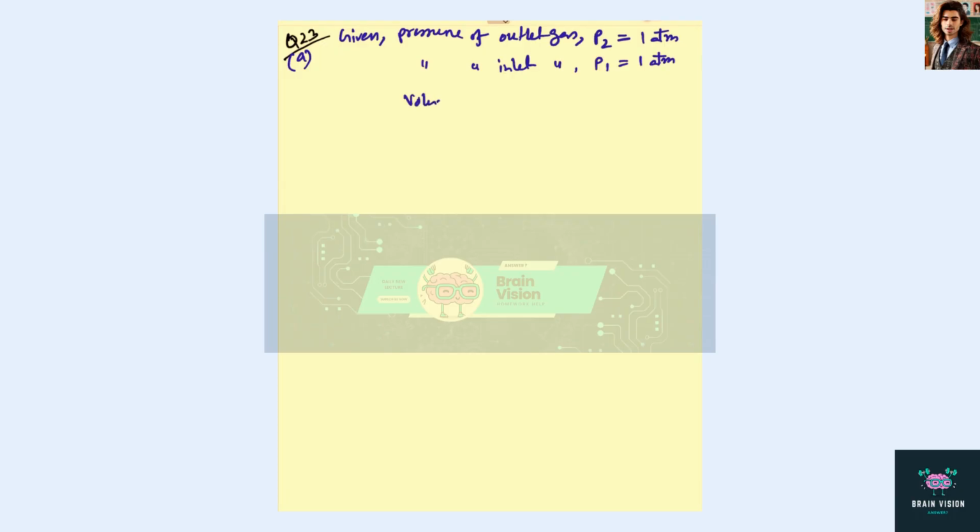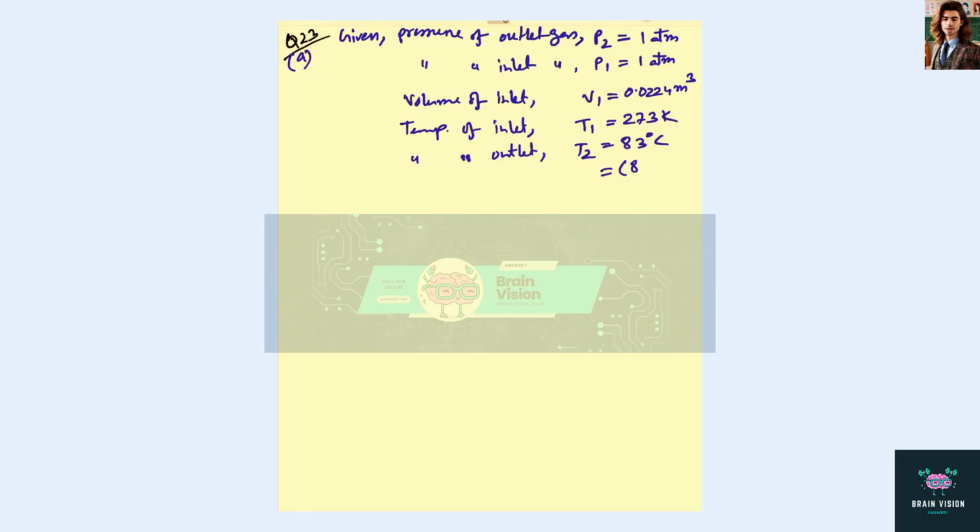The volume of the inlet is 0.0224 meter cube, and the temperature of the inlet is the standard temperature, 273 Kelvin. The temperature of the outlet is 83 degrees Celsius. Let's convert it to the Kelvin scale. It is 356 Kelvin.